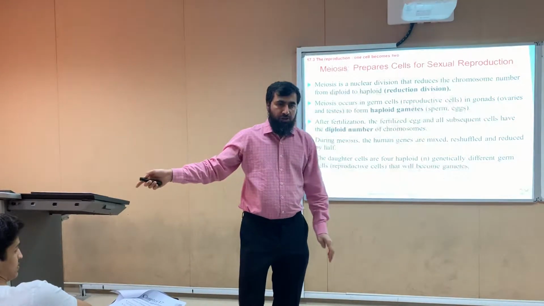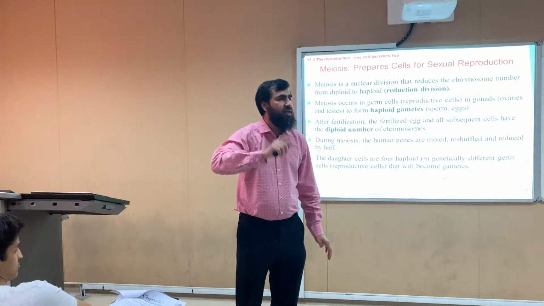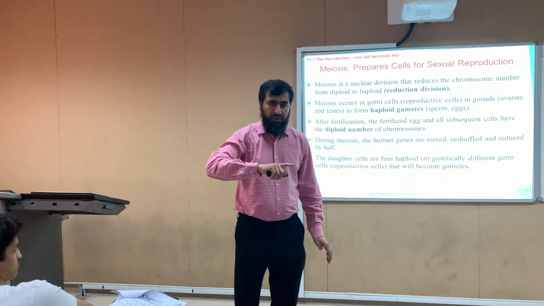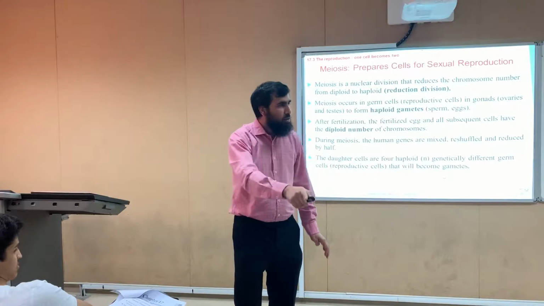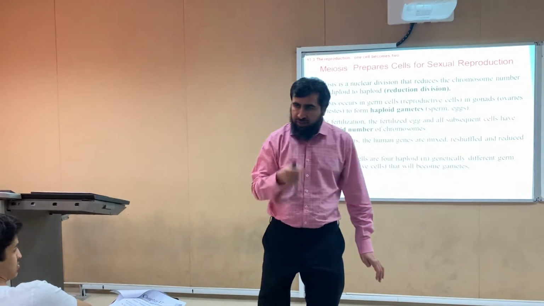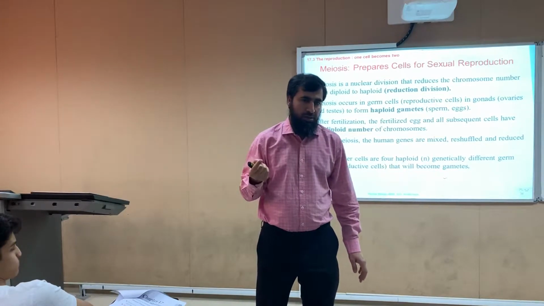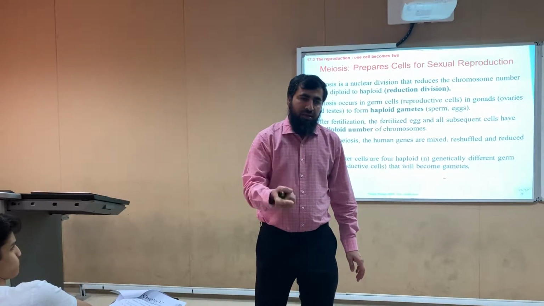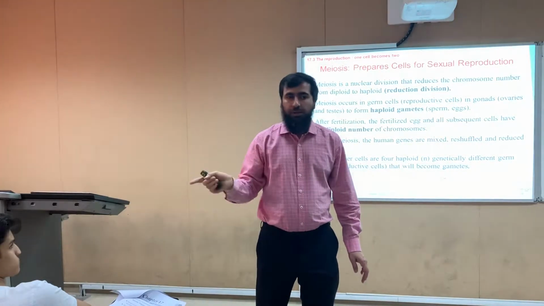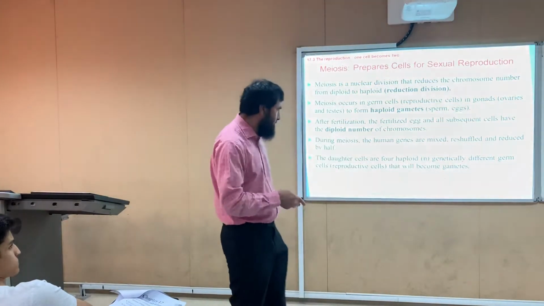Whereas in mitosis, you get the same exact DNA copy in all the cells. So the trillions of cells in your body that came from the single zygote are genetically identical, while the gametes that you produce are genetically not identical, okay?